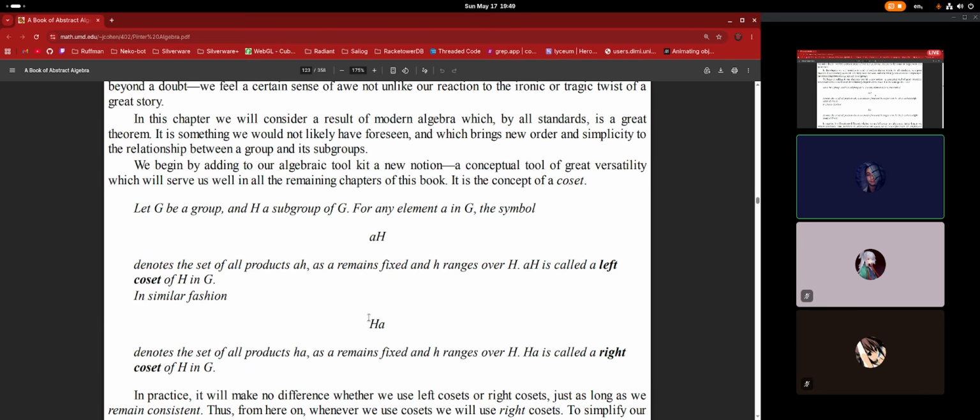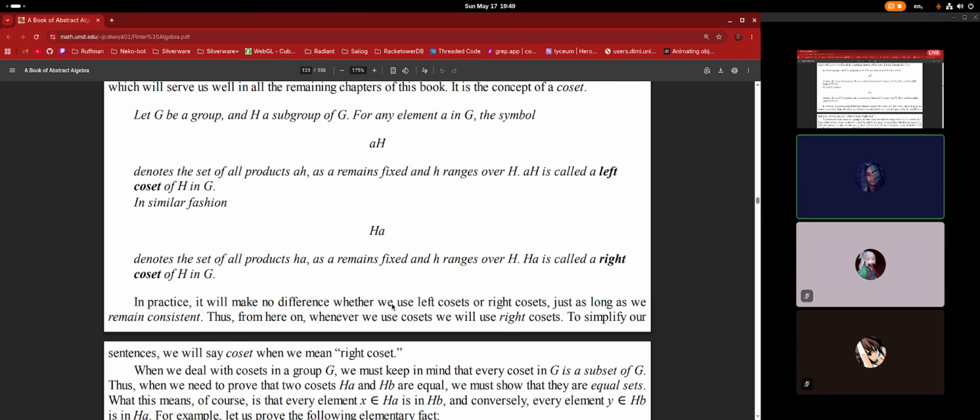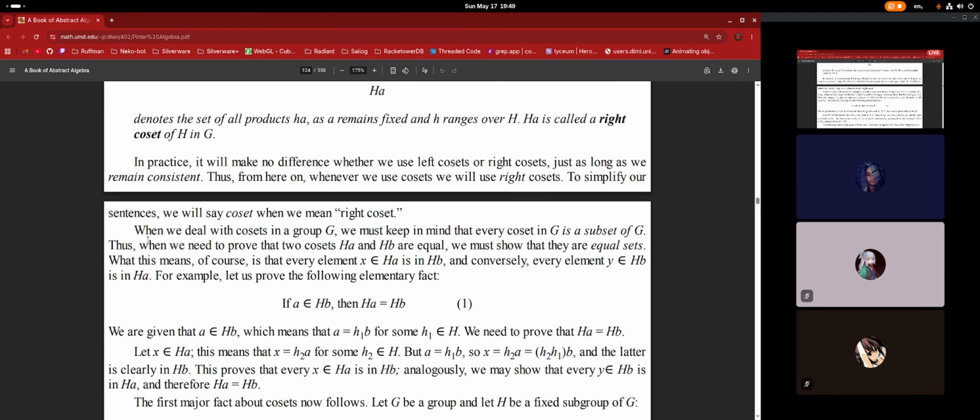And if you swap the order around, you have a right coset instead of a left one. For the remainder of this chapter, we're gonna refer to cosets as right cosets, just for convenience.